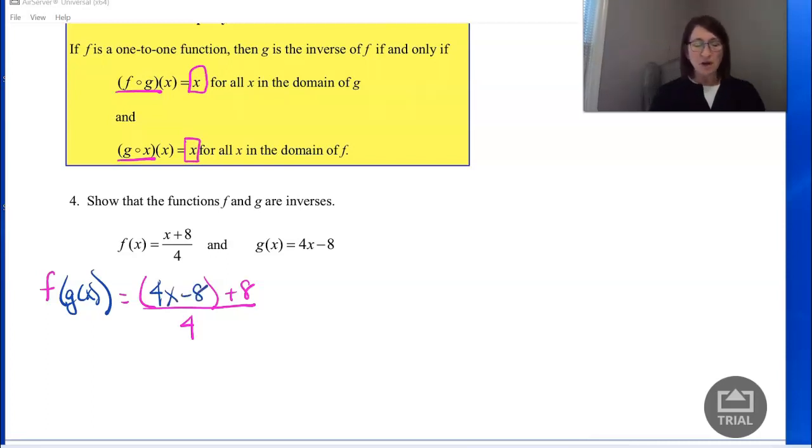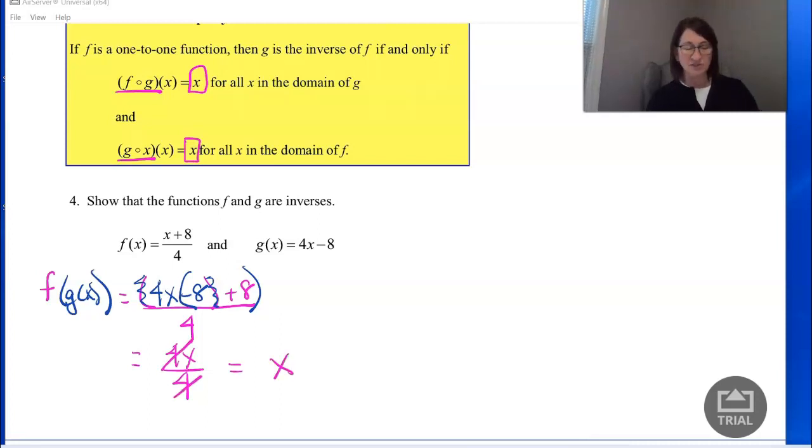If I remove those parentheses, then the minus 8 and the plus 8 become 0. So that's going to give me 4x over 4. My 4's can reduce, and so this is just equal to x. That composition is equal to x. Well, now let's go the opposite direction. Let's find g of f of x.